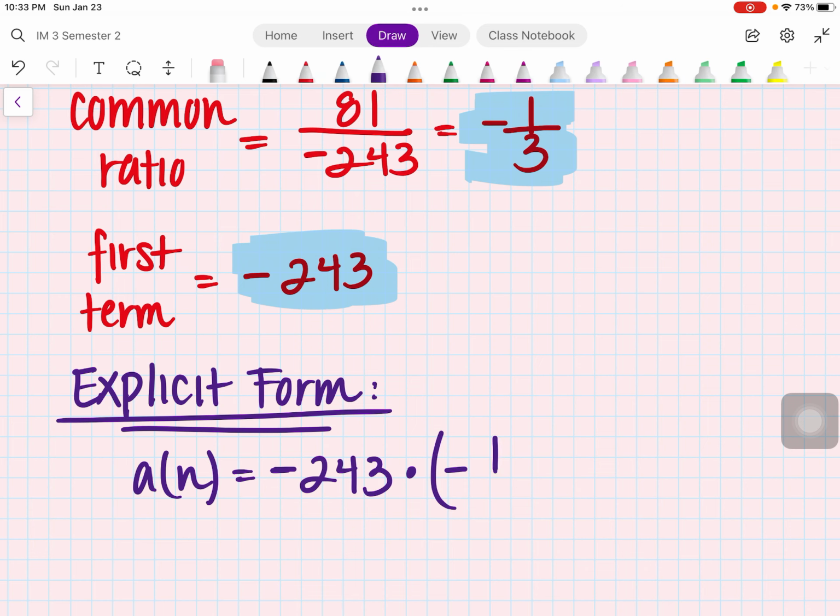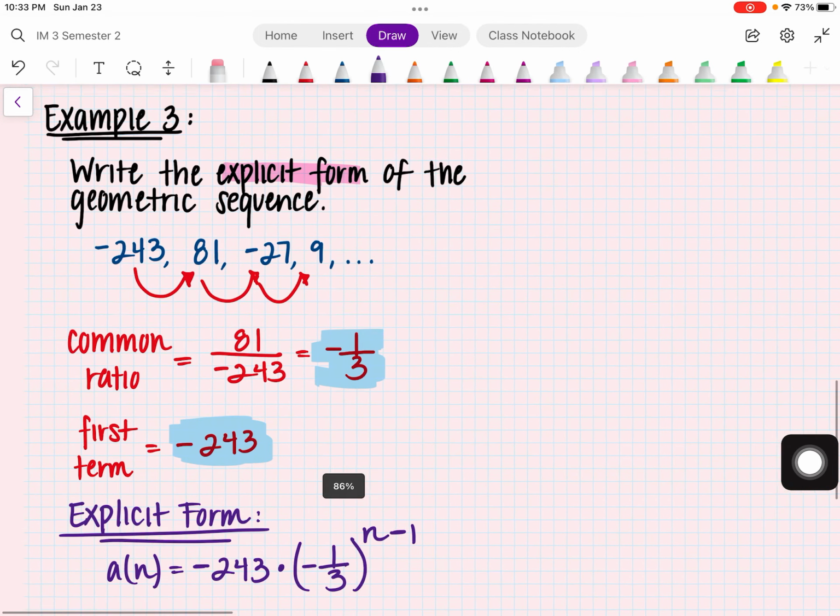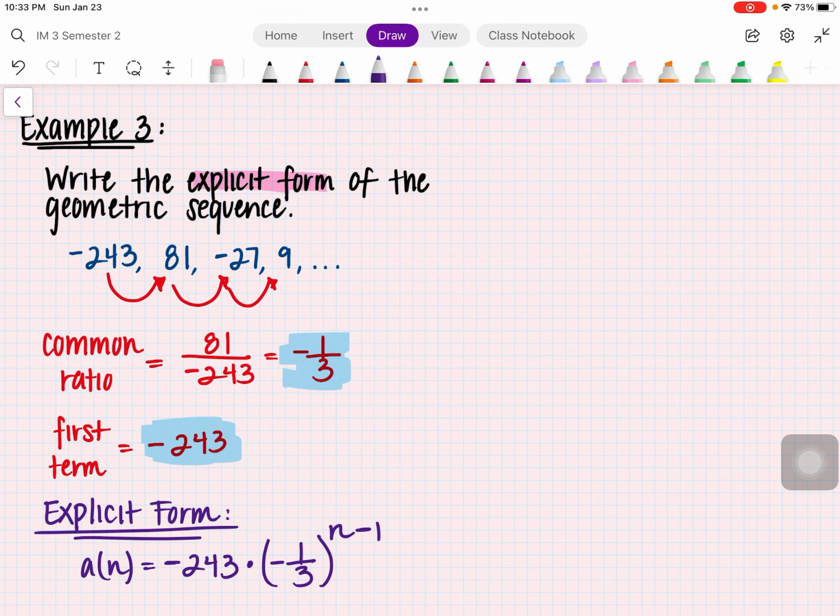Once again, it's negative, so I'm going to go ahead and put it in parentheses, to the n minus 1. In this case, guys, geometric sequences, n minus 1 is an exponent. So that is example 3.